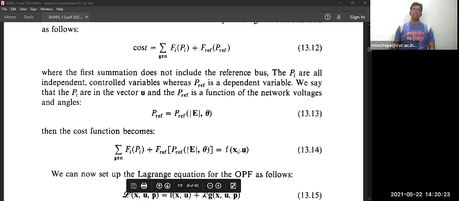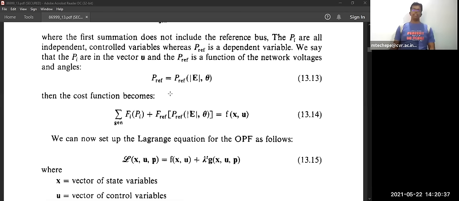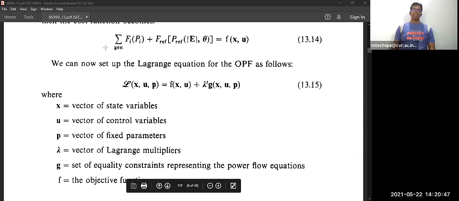Now you know the objective function. Now it's time to frame the Lagrange function. You know what is Lagrange function? Lagrange function is defined as objective function plus some constant into constraints. So Lagrange function L of x comma u comma p is equal to f of x comma u, that we already derived, plus lambda dash into g of x comma u comma p.